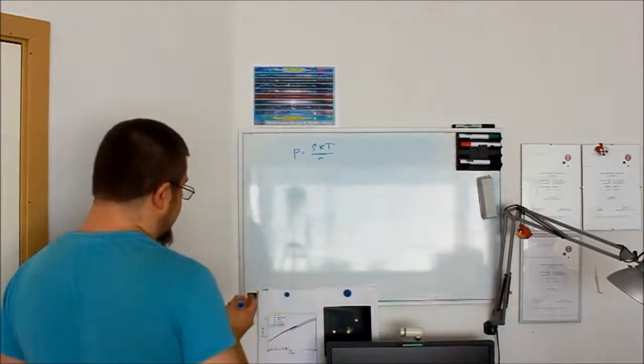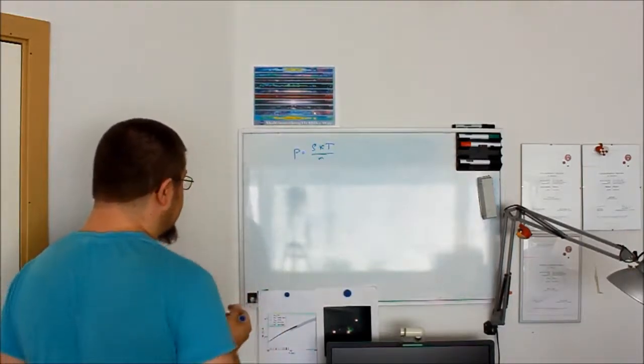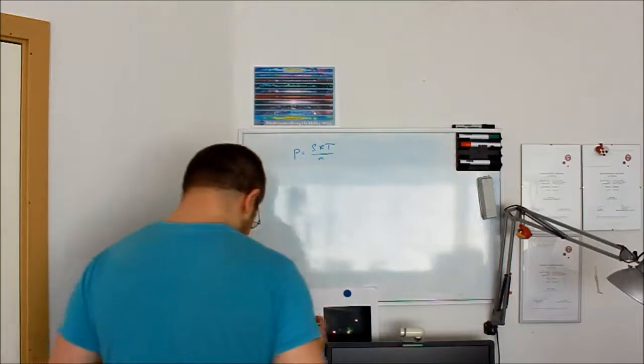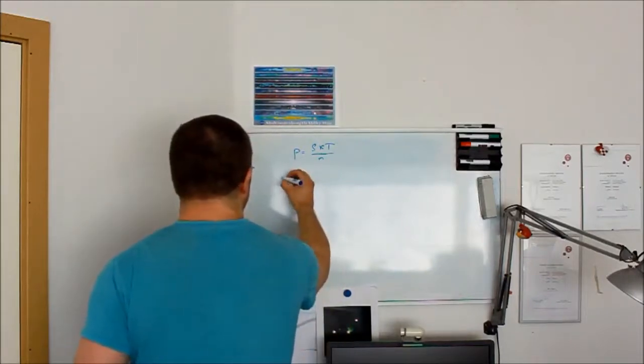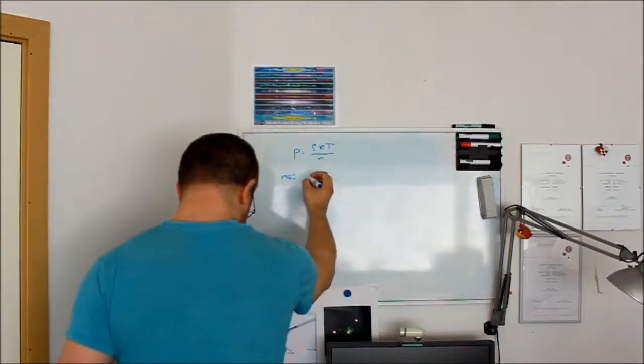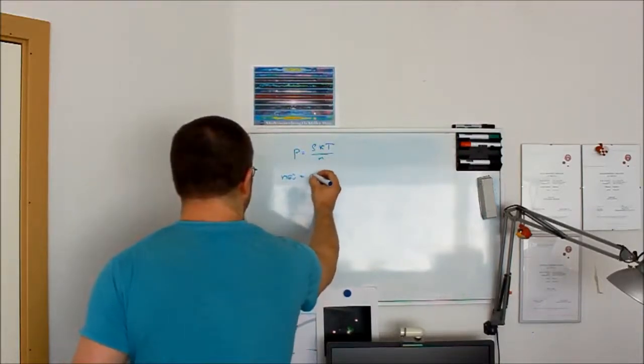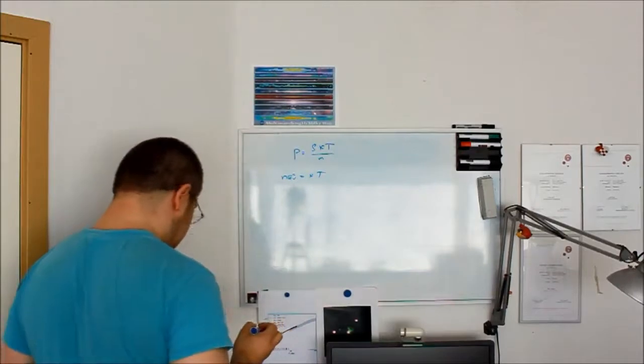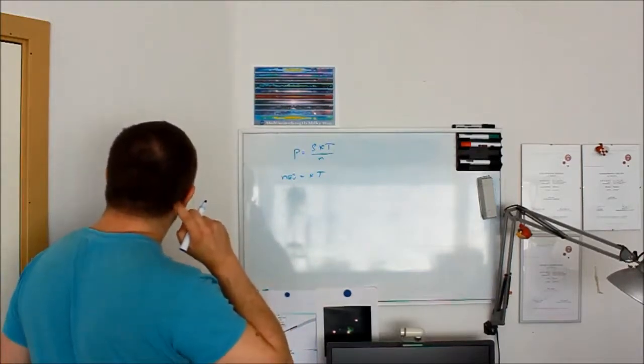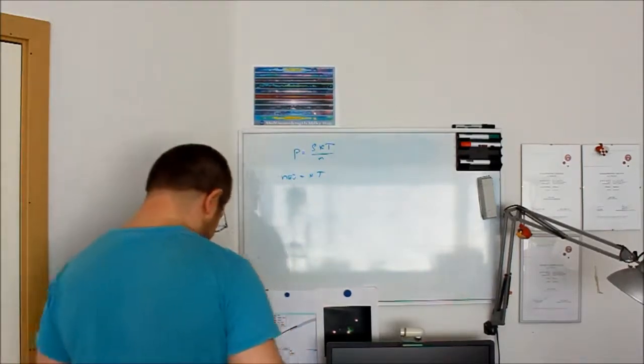Now by shuffling this a bit around and assuming isothermality, we can get that m sigma v squared is equal to kT.